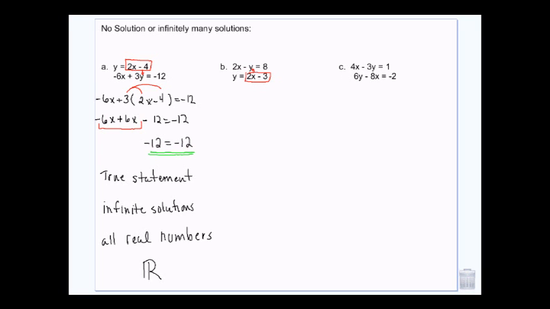If I plug in this way, so I get 2x minus 2x minus 3 is equal to 8. I distribute that negative, which gives me 2x minus 2x plus 3 equals 8. Combine my like terms, and I get 3 equals 8.